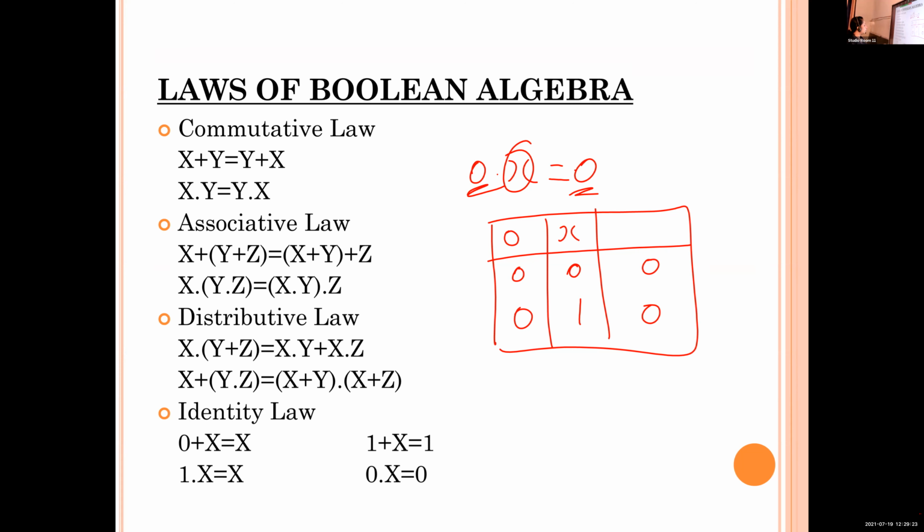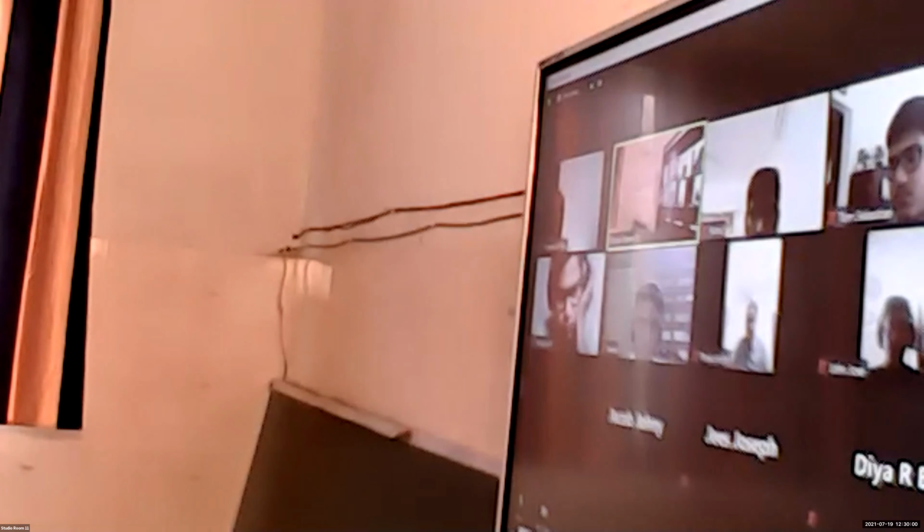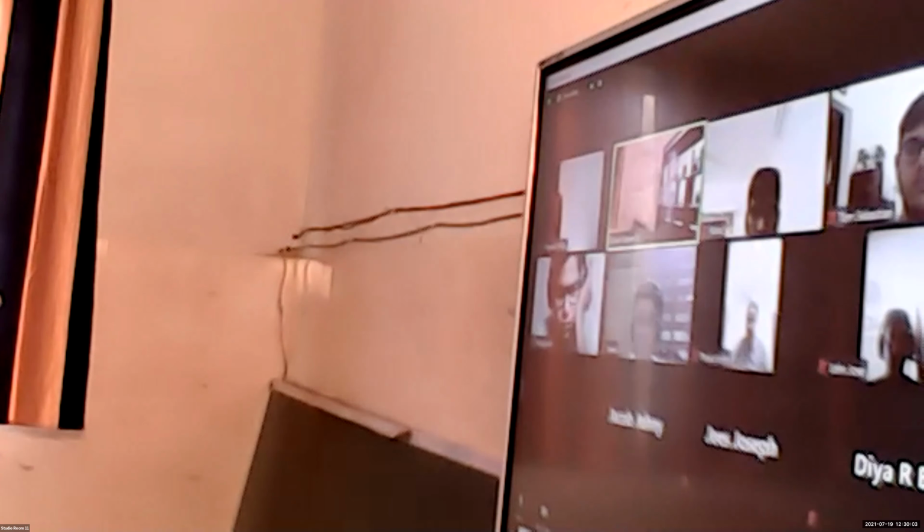Learn these 4 identity laws by heart, I will ask: 0 plus x is equal to x, 1 into x is equal to x, 1 plus x is equal to 1, 0 into x is equal to 0. Jacob, what is 0 into x? 0.